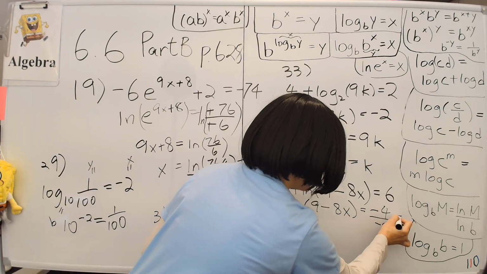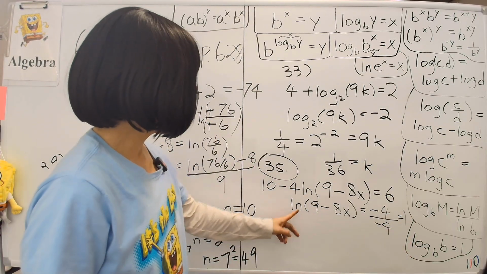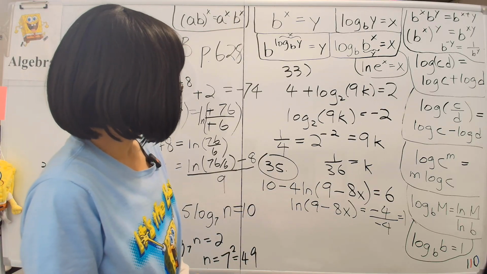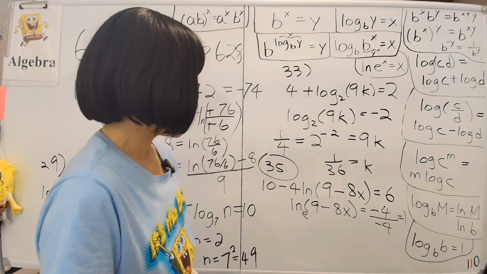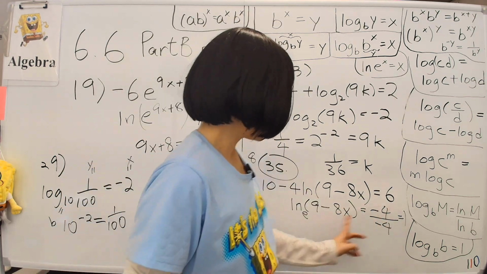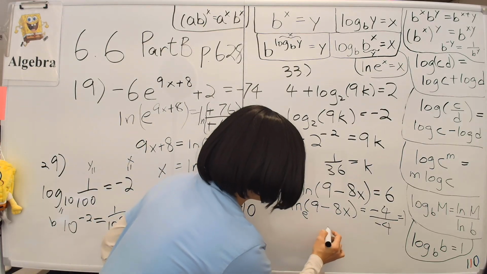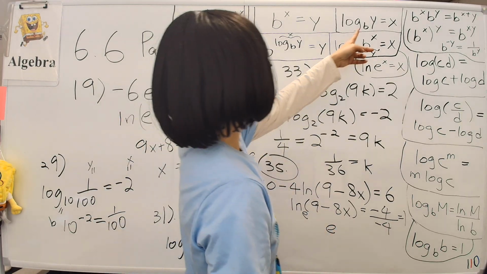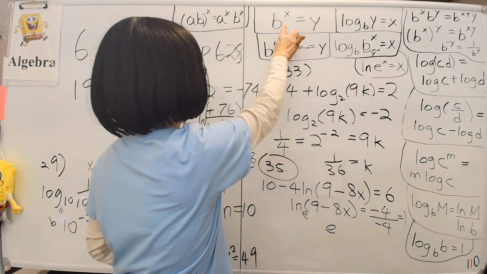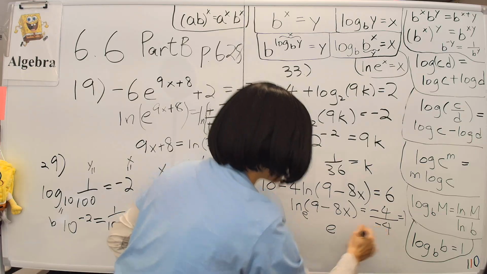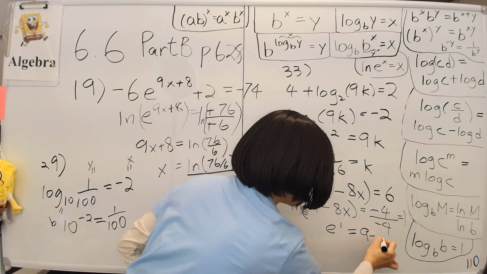So that's just 1. So that's convenient. The natural log of something equal to 1. That means natural log is the same as log base e. So e to the 1 power equals 9 minus 8x. That is the base b to the power x equals what's inside. So e to the power 1, which is just e, equals what's inside, 9 minus 8x.